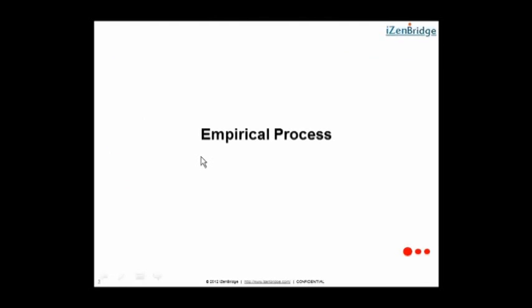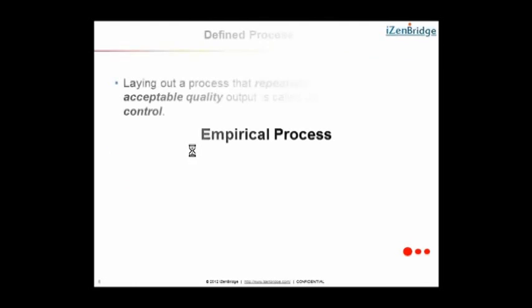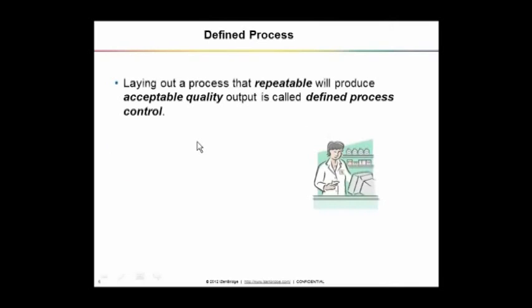So, empirical process. Before we understand the empirical process, let us understand the defined process, because that is something we are all familiar with. It is a process where we know how the inputs are getting converted into an output. A defined process follows predefined steps and generates an acceptable quality repetitively.